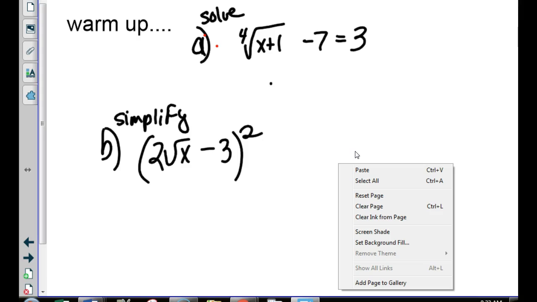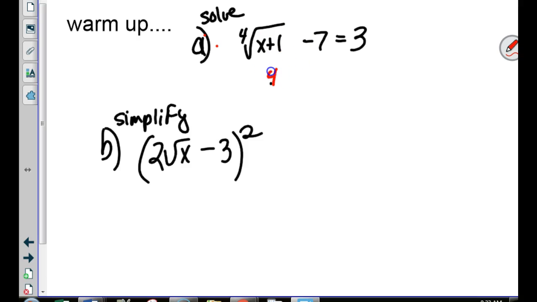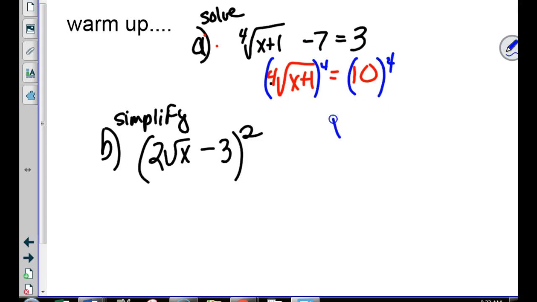Anybody get number 1 done, or A? No ideas? How do we solve this? Add the 7. So we have the 4th root of x plus 1 equals 10. Each side needs to be raised to the 4th power. So we get x plus 1 equals 1 with 4 zeros. And then subtract 1.